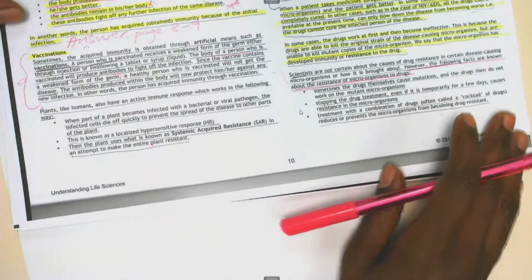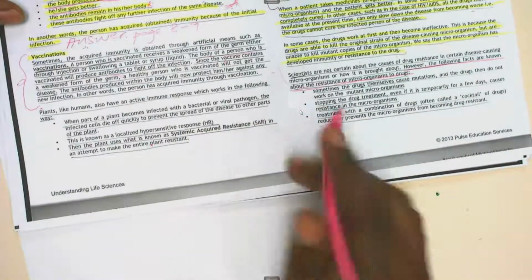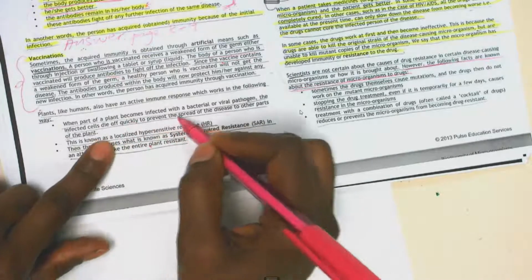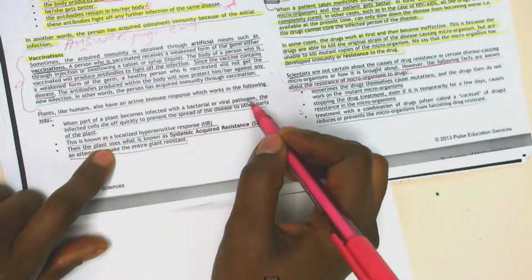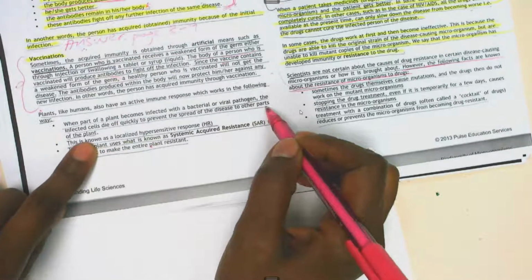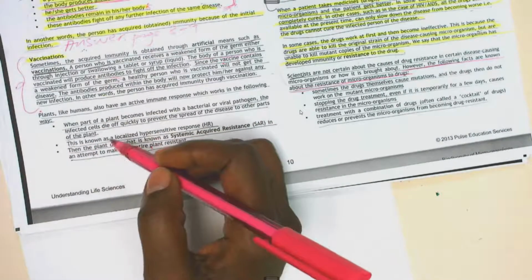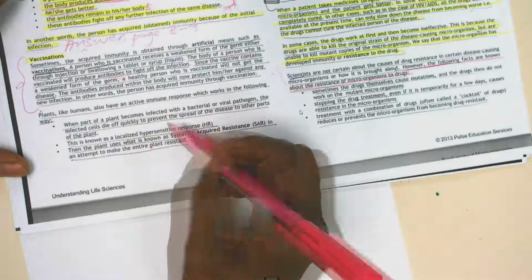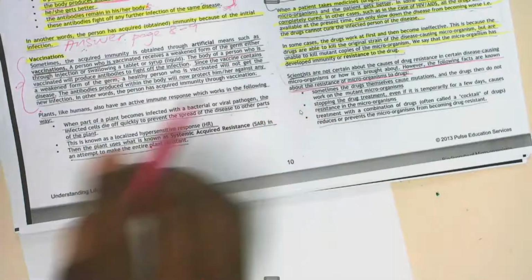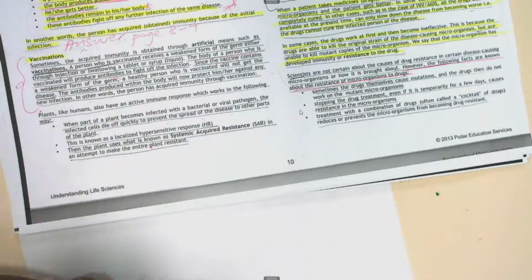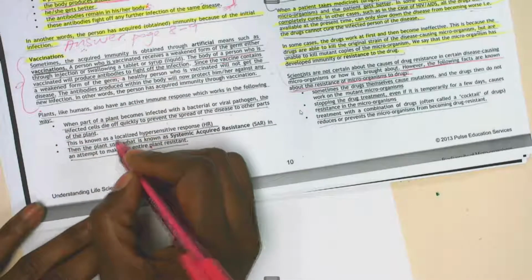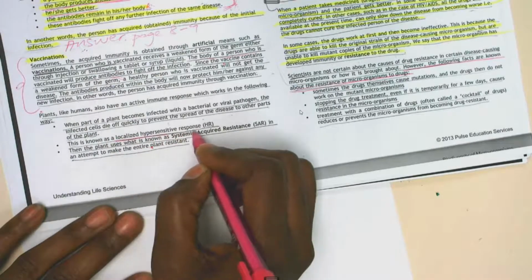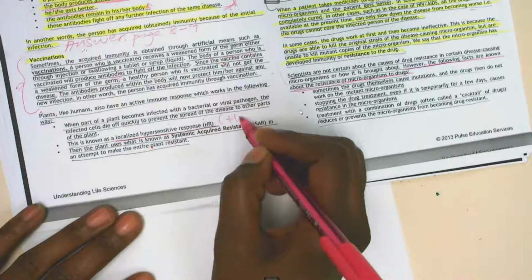But now in the case of plants, when part of a plant becomes infected with a bacterial or viral pathogen, this is what happens. The infected part will quickly die off and shed off to prevent the spread of the disease to other parts of the plant. We call this the localized hypersensitive response, or HR.